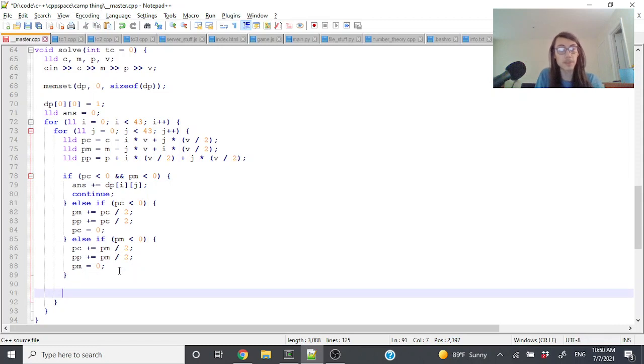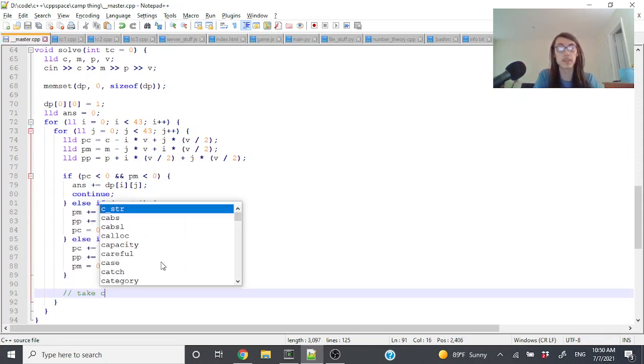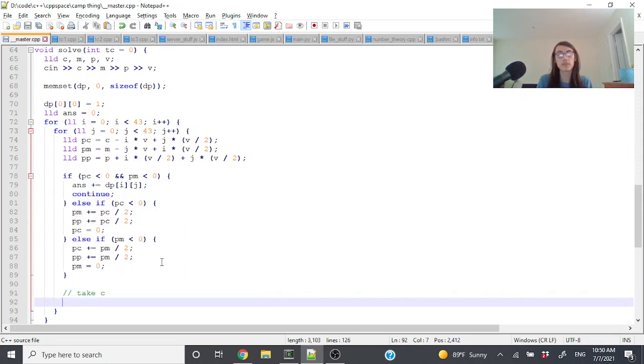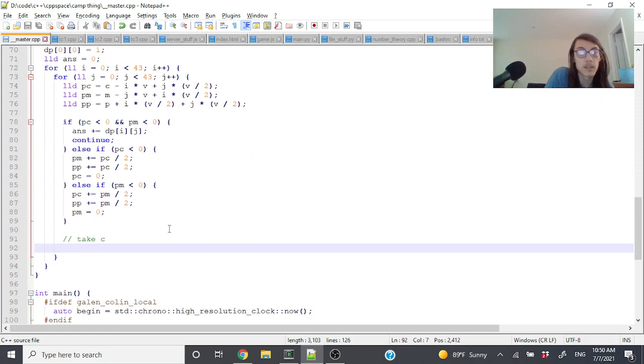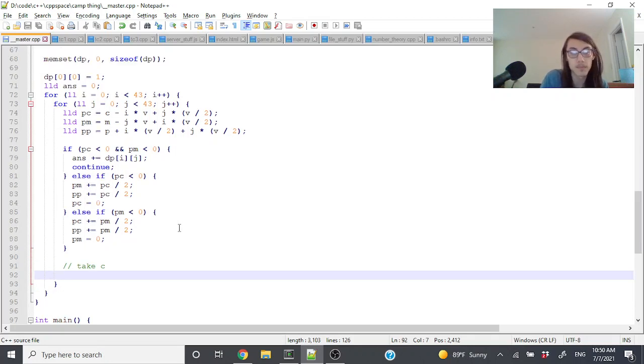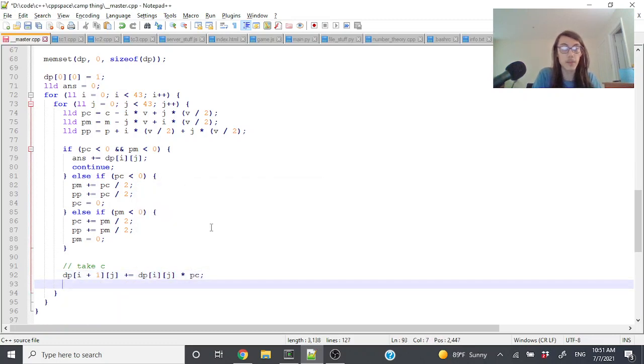Now we do the transitions. So take C. Then here the probability of taking C is PC. So dp i plus 1 j plus equals dp i j times PC.